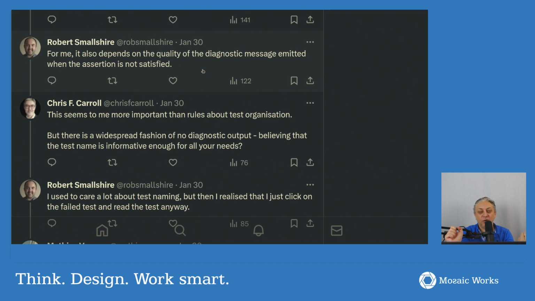And often I would spend some time on refining the diagnostic message displayed by a failing assert before I actually move forward, go to the green phase, implement the simplest code that could possibly work, and then refactor.